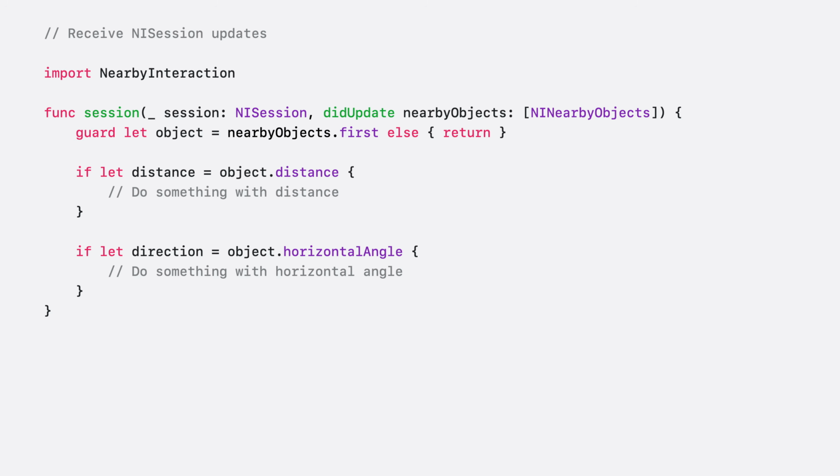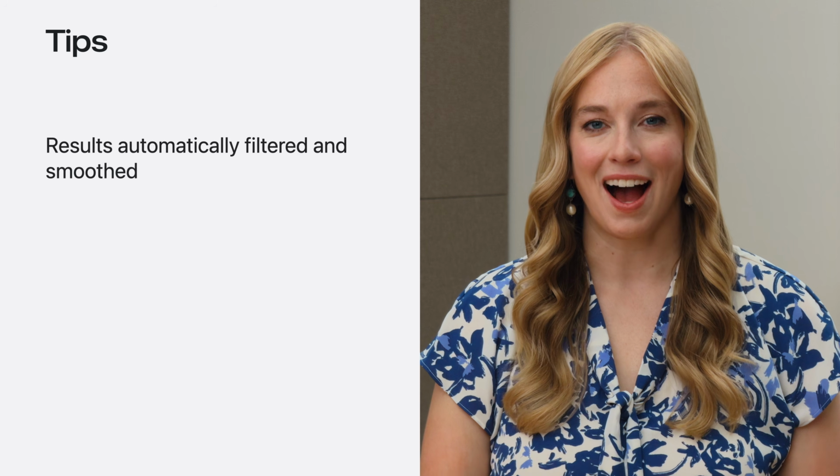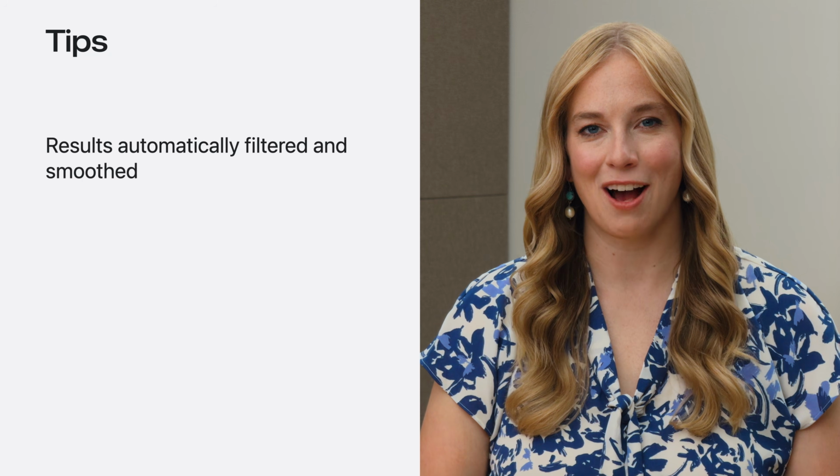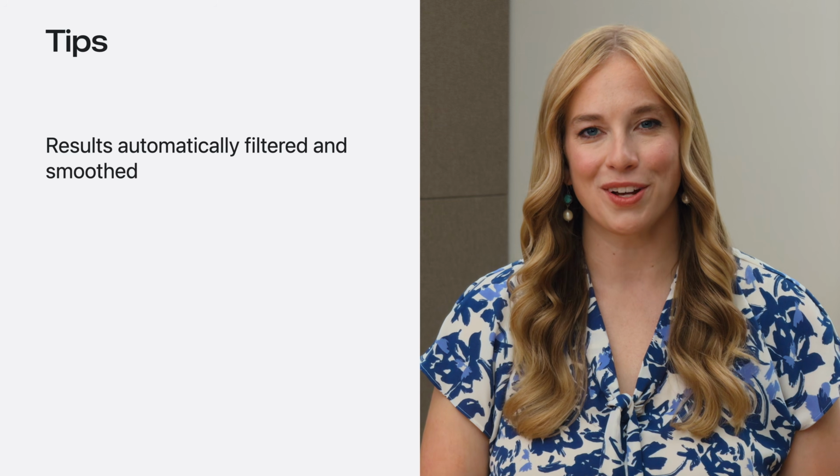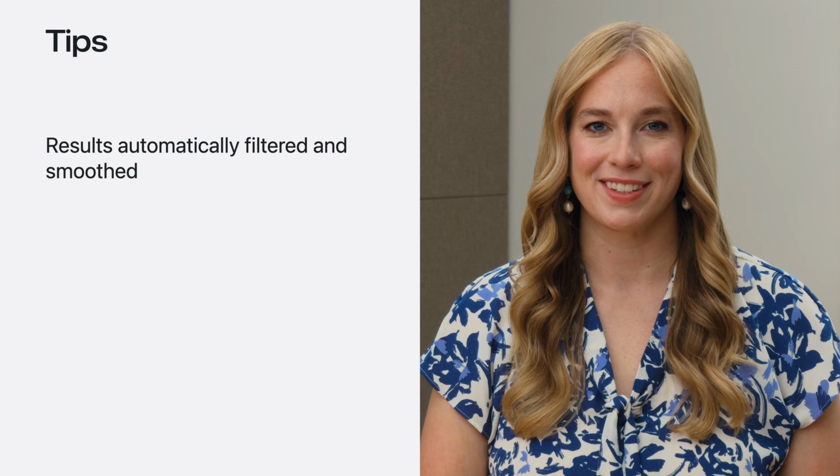Both the distance and the direction results benefit from the fusion of raw Bluetooth channel sounding measurements and camera inputs. Remember that both distance and direction are optional. Distance may be nil if the channel sounding measurement failed. iOS automatically filters outliers and smooths your results for a better user experience.